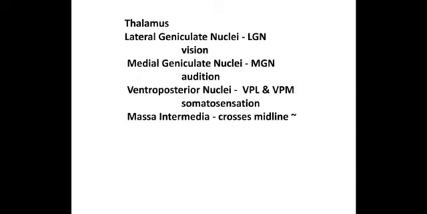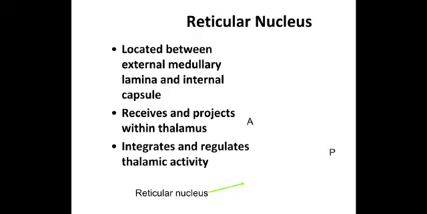The ventroposterior nuclei are concerned with somatosensory function, and the massa intermedia crosses the midline. The reticular nuclei, which are located between the external medullary lamina and internal capsule, receive and project within the thalamus. They integrate and regulate thalamic nuclei.